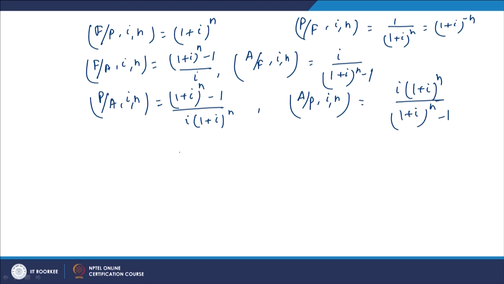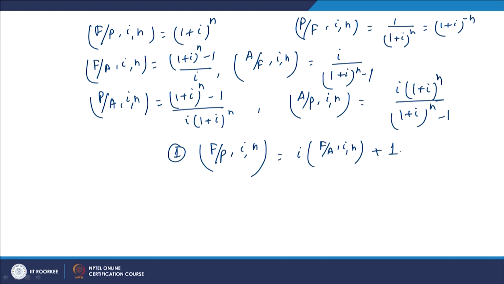So what we see is that the first expression is this factor multiplied by i. So we are equating F by P, i, n. This will be nothing but i times F by A, i, n, and then we have to add 1, so that this minus 1 is cancelled.